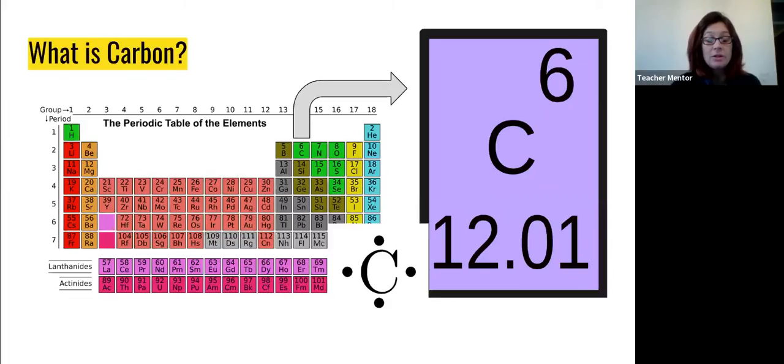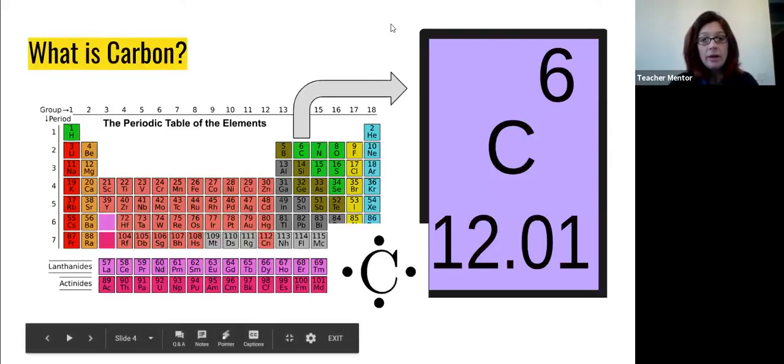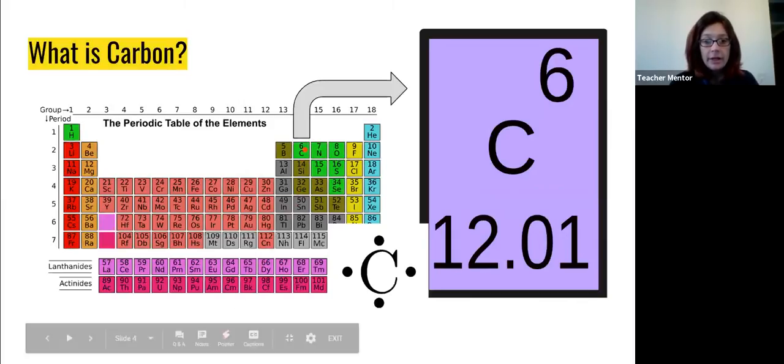Okay, so first things first, we need to know what carbon is. Carbon is a very interesting element. It's located on the periodic table, as are all the other elements, and you can see where it is. See, it's right here.